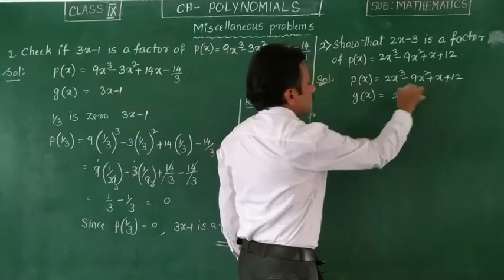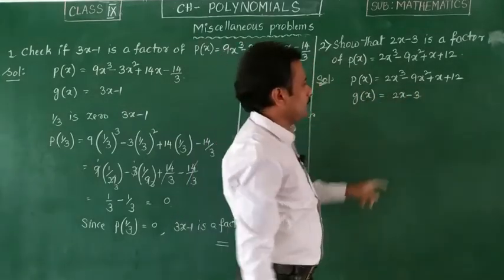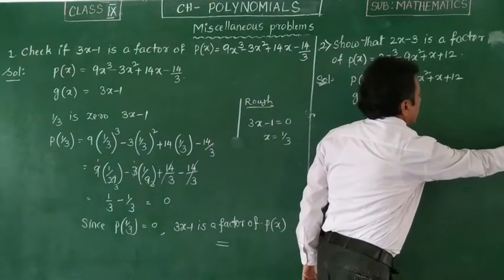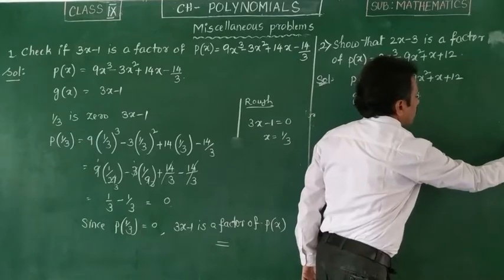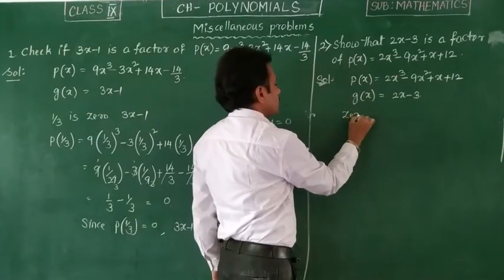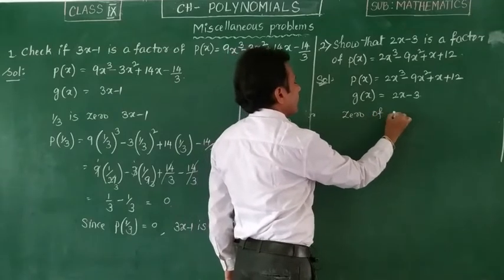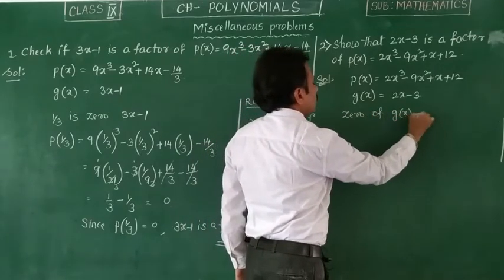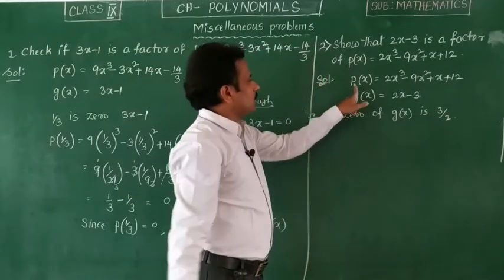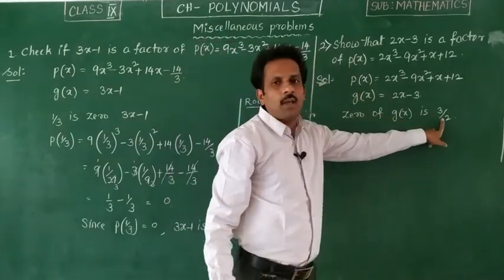So in that space you can find the 0 of 2x minus 3. 2x minus 3 equals to 0. So x you will get 3 by 2. So here 0 of 2x minus 3 is 3 by 2. Now let us check whether p of 3 by 2 is 0 or not.